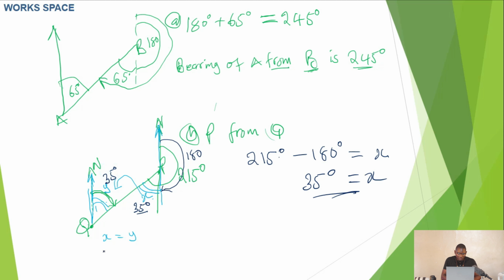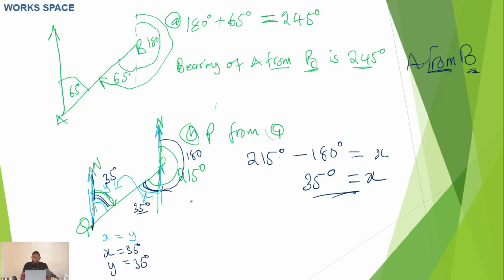Since X is 35 degrees, it means that Y is also equal to 35 degrees. But remember, we're looking at three-figure bearing. So this has to be written as 035 degrees.